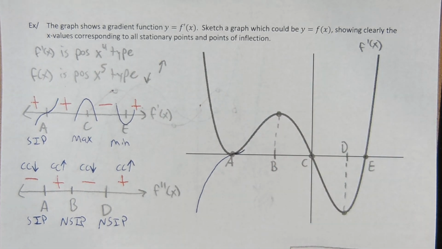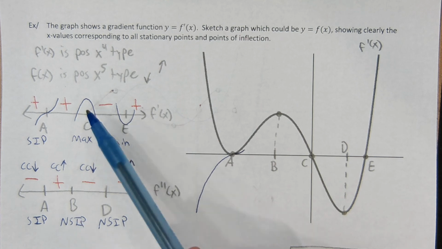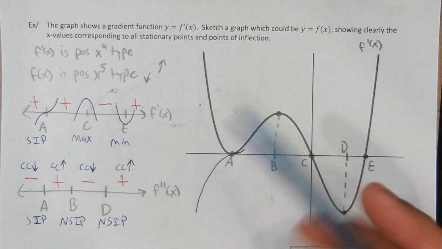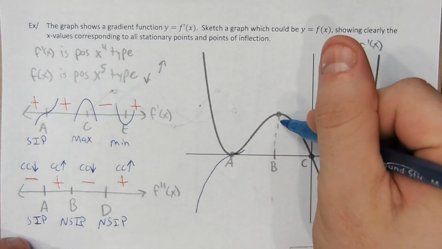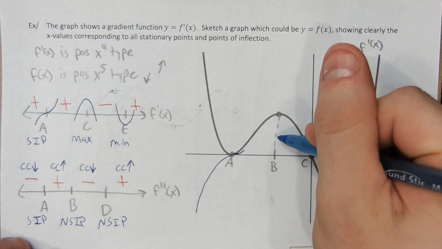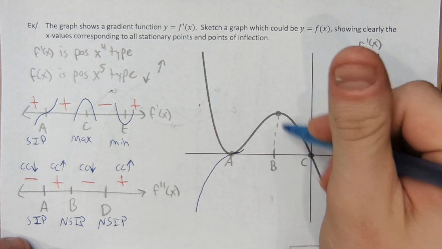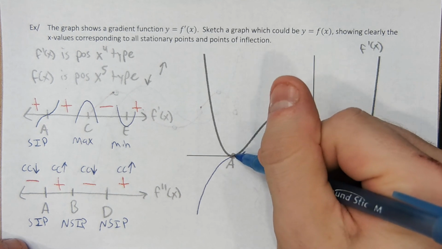Like this. Now, I didn't go too far because something is happening at B. I have a non-stationary inflection point occurring at B, but then I have a maximum happening at C. So I have an upwards bell and a downwards bell, and I kind of need that to happen right here on this dotted line-ish. So let's see.